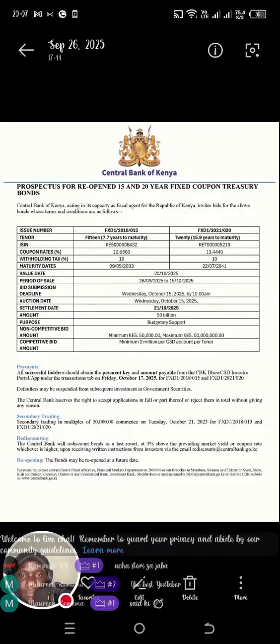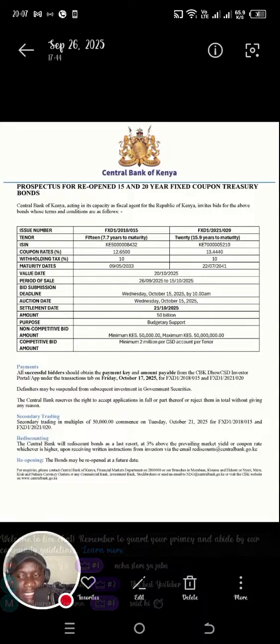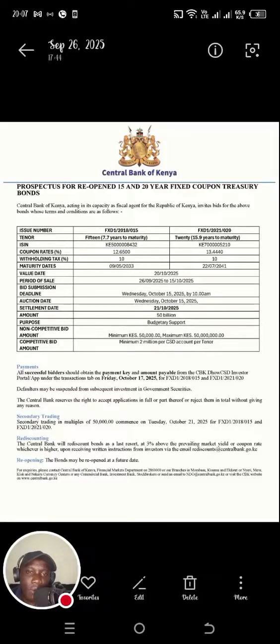Then there are two types of bidding when it comes to reopened treasury bonds. You can bid competitively and you can bid non-competitively. I'll explain that when explaining the pricing of the bond, so hang around so that you get to understand competitive and non-competitive bidding in a few minutes.